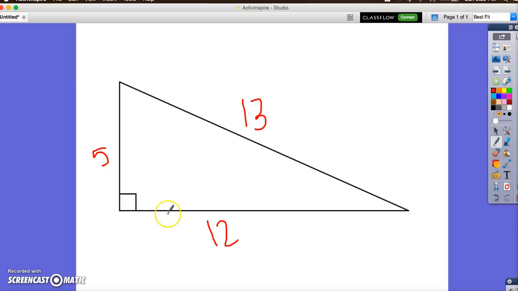But the 5, 12, 13. And it works the same way. So if you have a dilation of, say, 3, then it's going to be 5 times 3 is 15, 12 times 3 is 36, and 13 times 3 is 39.